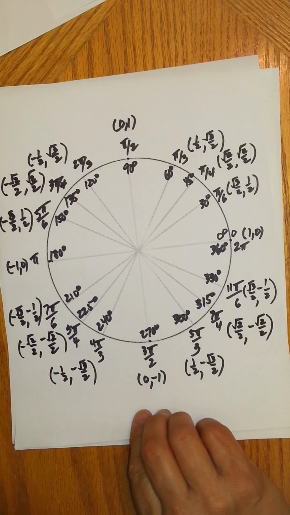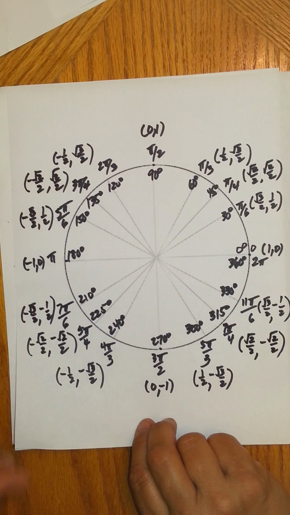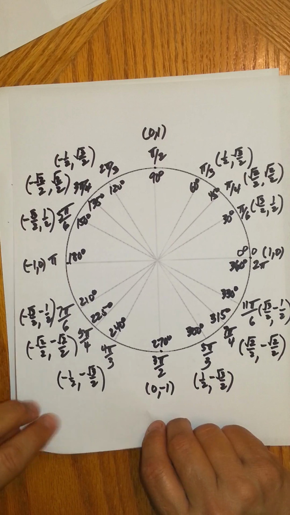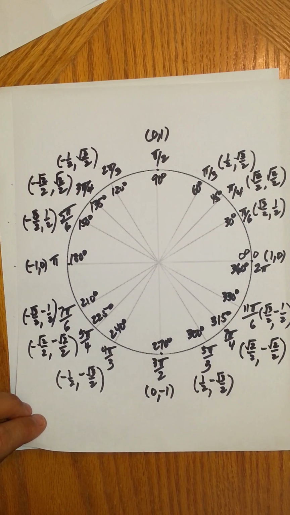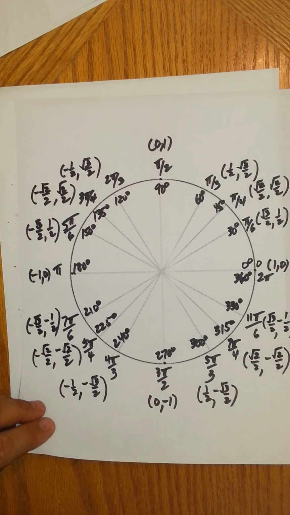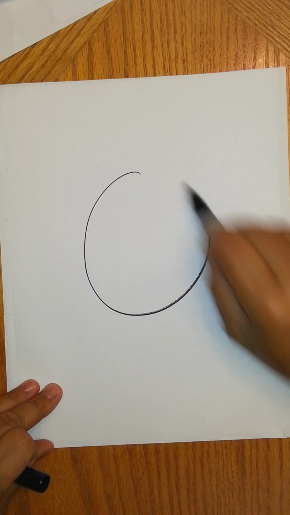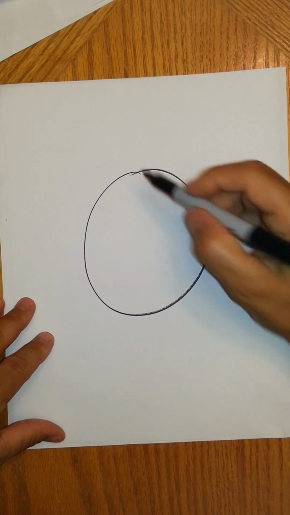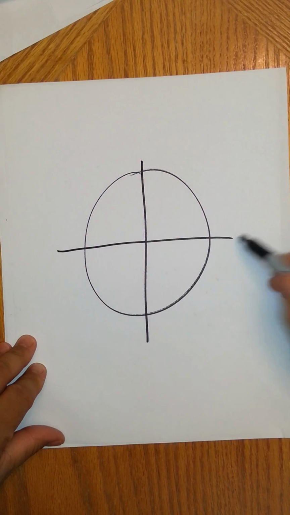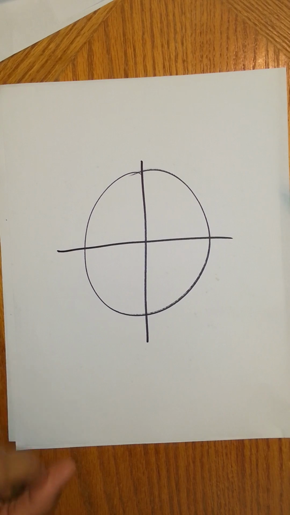The only other thing I'd like to mention is a lot of times you're not given such a nice circle, you may or may not be. So how do you generate one very quickly? What I do is I draw a circle, and I know I'm going to draw fourths, and I draw the 8ths last.